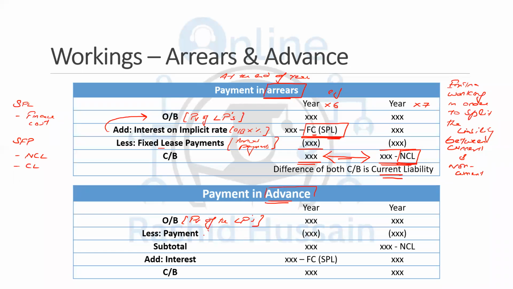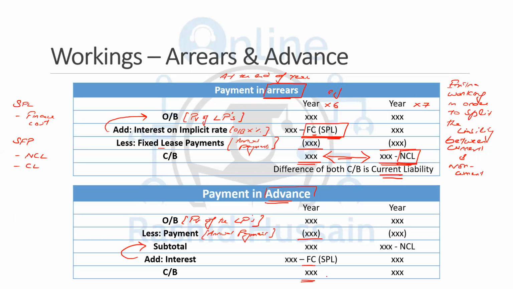This is the annual payment. Then you get the subtotal. Now this interest should be applied on the subtotal because you cannot apply the interest on the annual payments, as that was paid in advance. You get the closing balance.